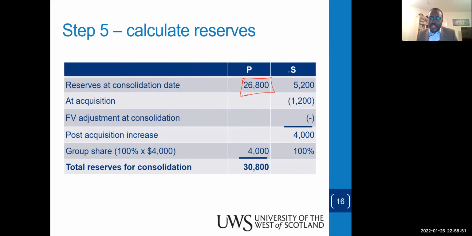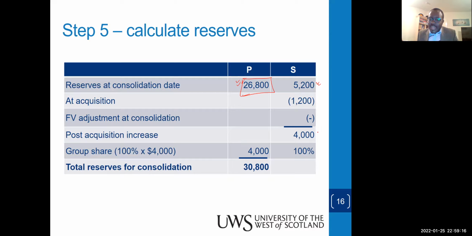This is for the parent, 100% of it, the subsidiary, 100% of it. At acquisition, the retained earnings of the subsidiary was 1,200. Was there any fair value adjustment? No. This is a very basic question. Therefore it tells you that there is an excess of 4 million as a post-acquisition reserve.